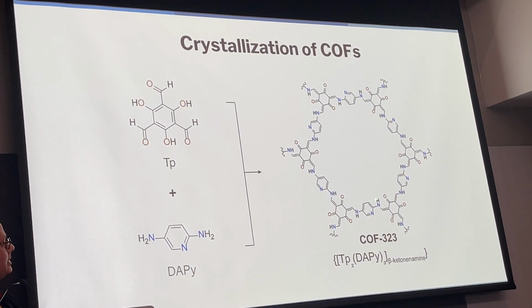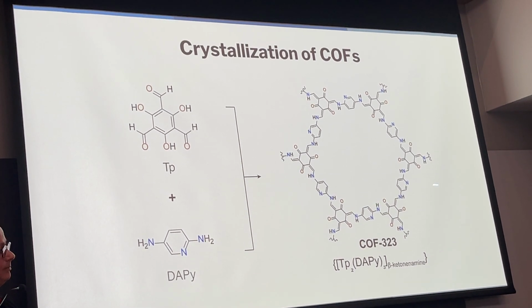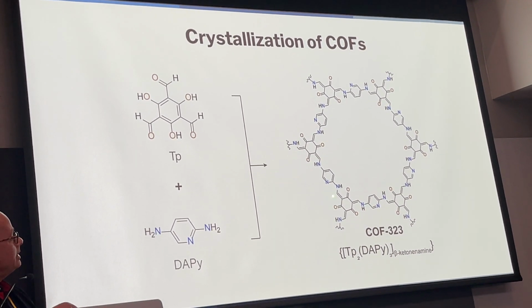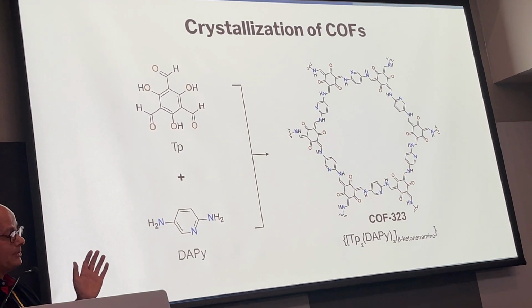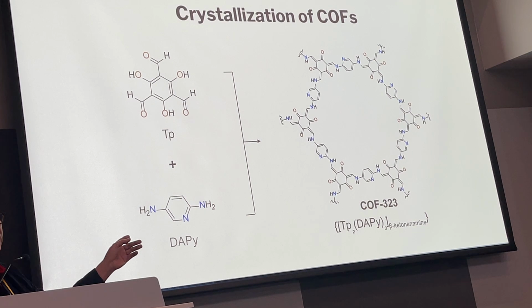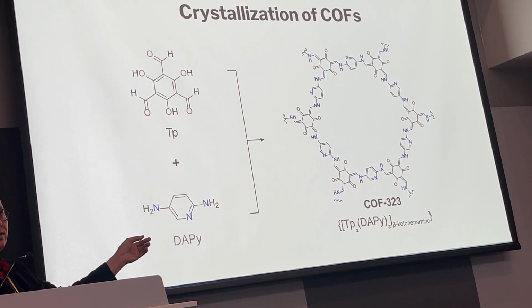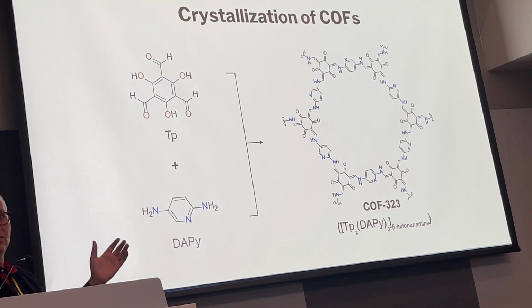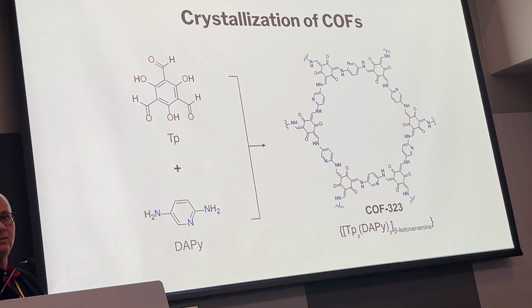I'm sorry, I should have said hydrogen acceptor and hydrogen donor. It would take my students, who are absolutely brilliant, 2 to 3 years to crystallize this material. They may be making it in 5 minutes, but to actually make it in crystalline form would take them 2 to 3 years.